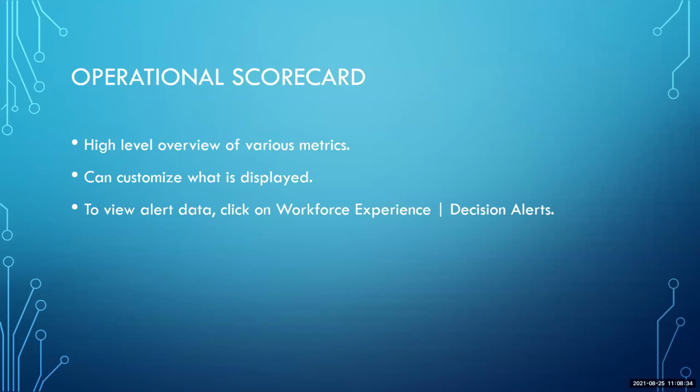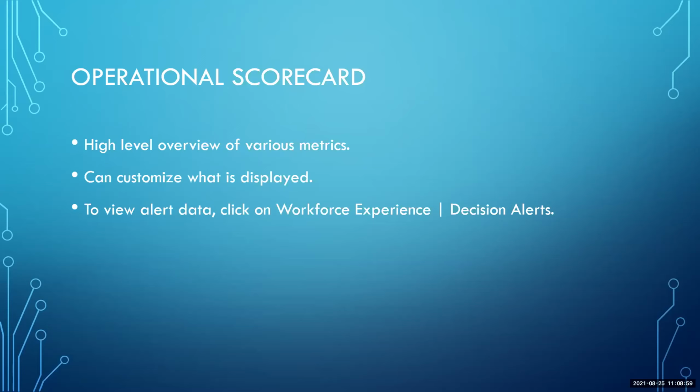Once you log in, you're brought to an operational scoreboard or dashboard. This is a high-level overview of various metrics. It's meant to be customizable. So if you want to always view drug-drug interaction alerts and BCMA rates, you can customize that scoreboard to display the metrics you are interested in.